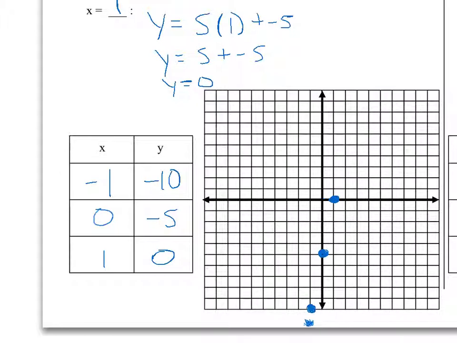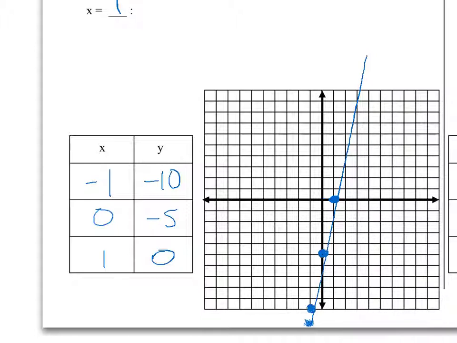Once I've got my 3 points, I want to make sure I draw my line through them, using my straight edge. I can see that I haven't drawn a particularly good line here. It doesn't quite go through my points, so I'm actually going to try again.